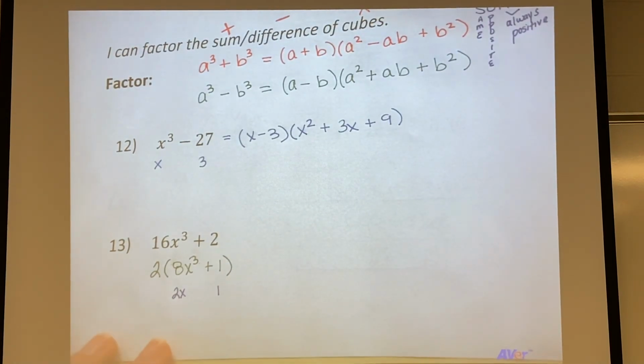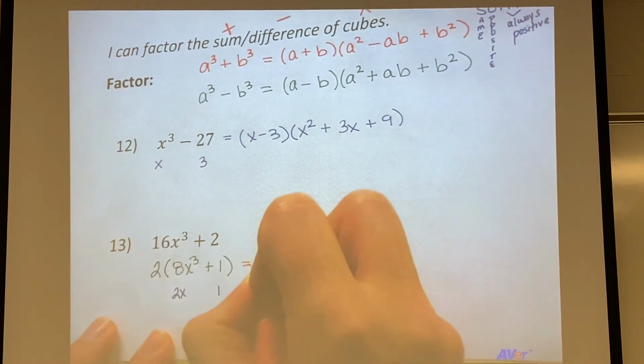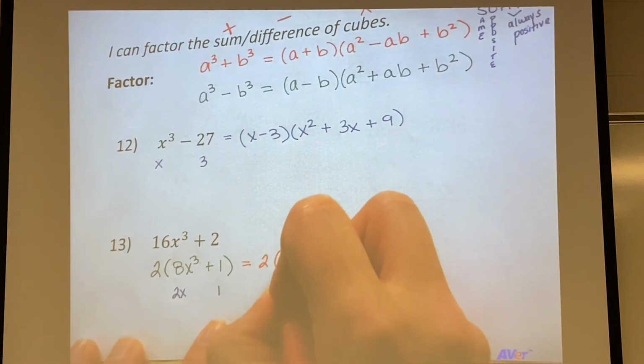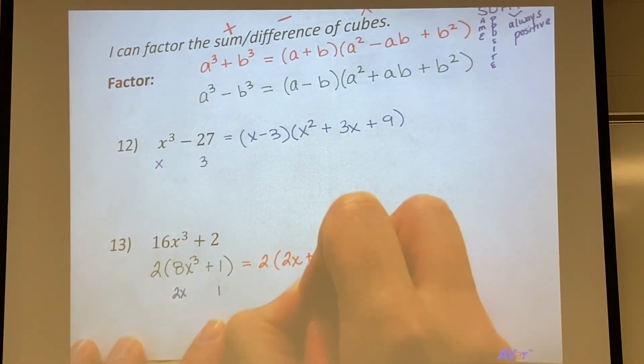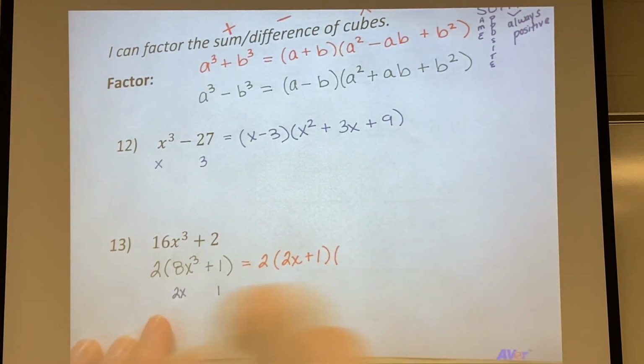All right, so let's try to write it out. The GCF of 2 stays on the outside. My first parenthesis is going to be 2x plus 1 because our original was an addition. Then I'm going to take my a value and square it. So I'm going to square 2x. I have to square both of them.